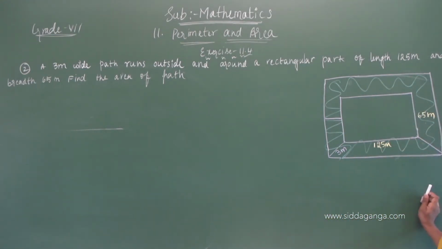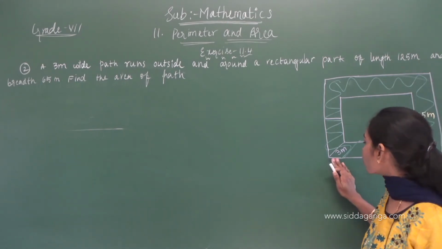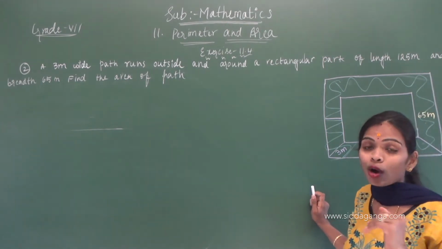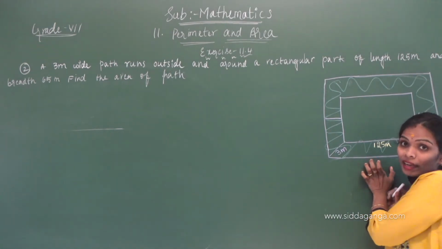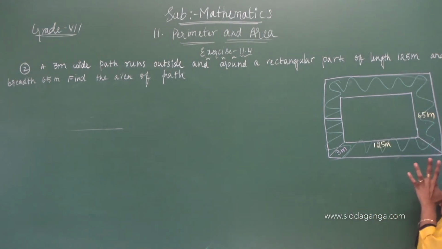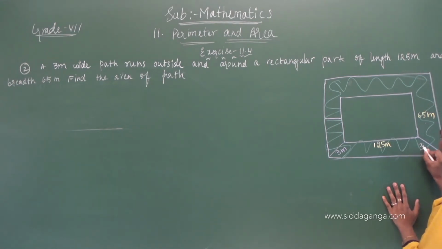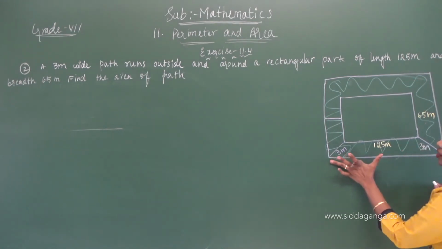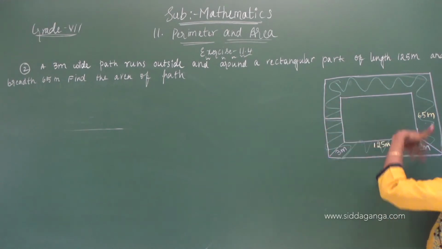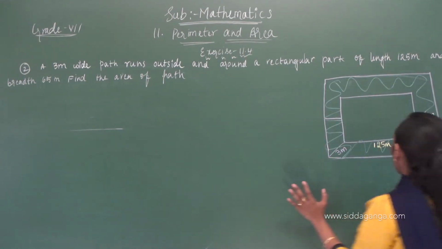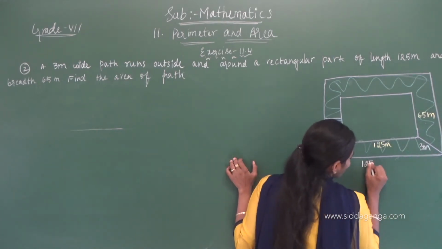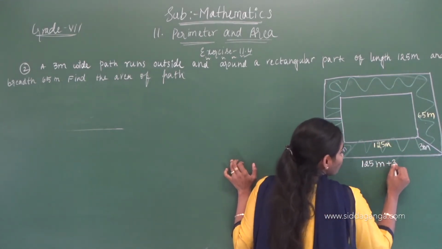Okay children, in yesterday's class I told how we have to take the length and breadth of the outer rectangle, correct? By seeing this diagram, you can easily tell that here also 3 meters is adding. The outer rectangular part including the path will have a length of 125 plus 3, and don't stop with 3.